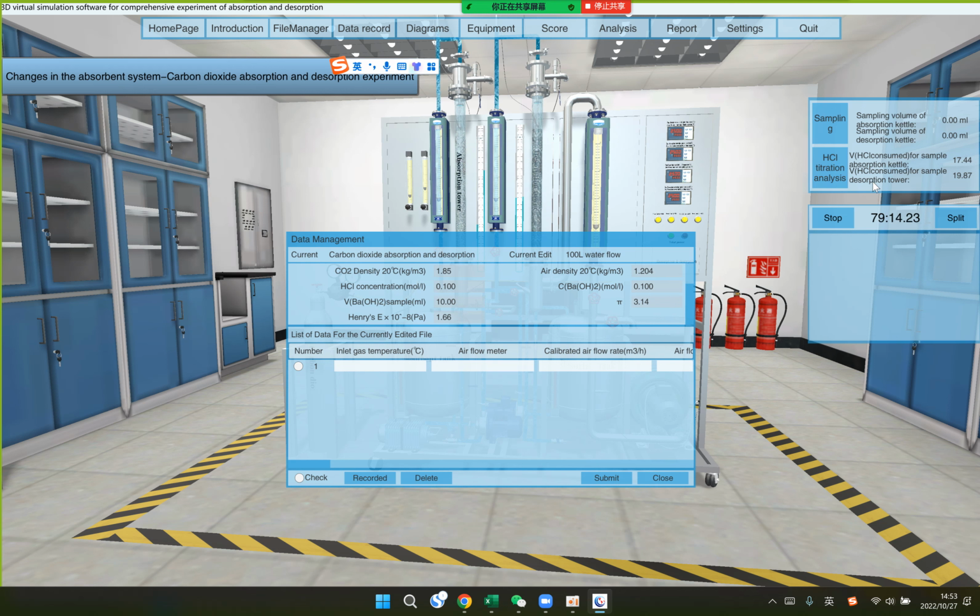For the desorption tower, it is actually the bottom.